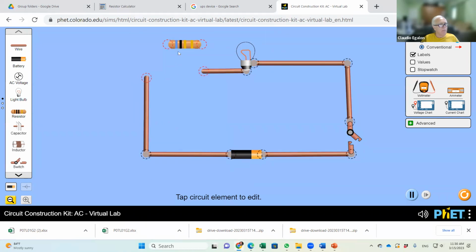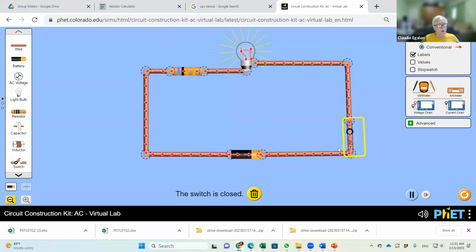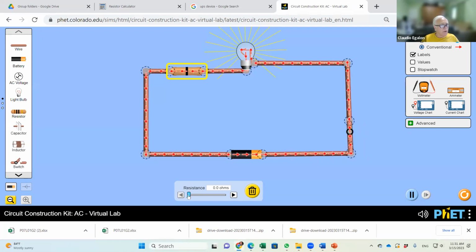And not only am I going to put a resistor here in this circuit, but I'm going to control the resistance of the resistor. Okay, so I'm going to close it, right? And watch for the rays here of the light bulb, right? Where we have a very low resistance. I'm going to decrease it. Oh, do you see how the light rays of the bulb increase and decrease, right?